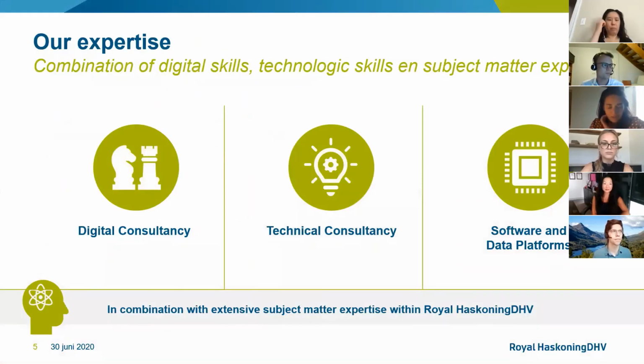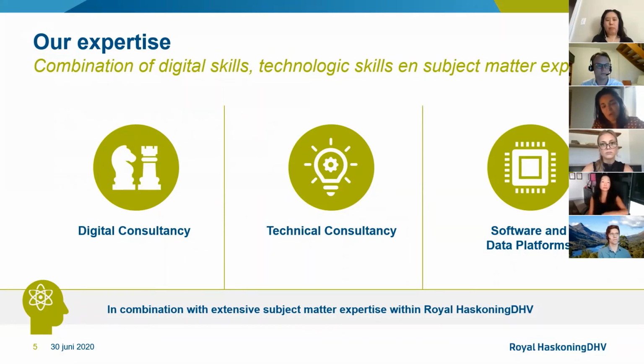And as a team, we have a multidisciplinary set of skills. We have the digital consultants with more the soft skills, doing some roadmap development on where you want to stand in digital transformation as a water organization. We have very technical people like Jelle, who's a data scientist, but also data engineers. We have GIS experts, and we have software developers.